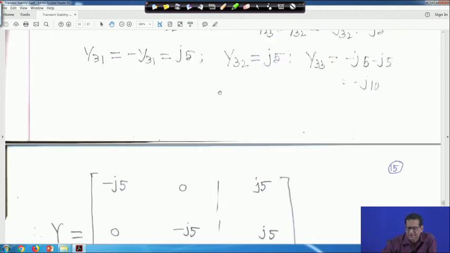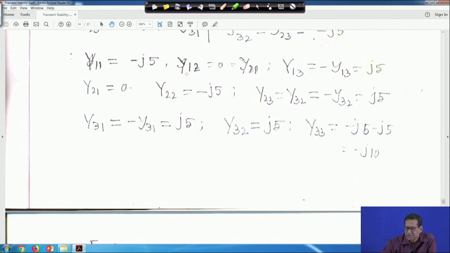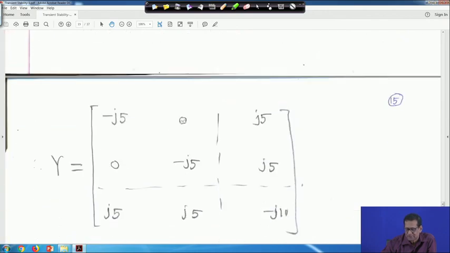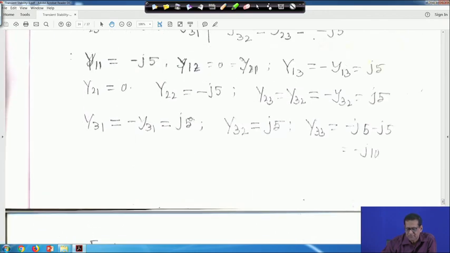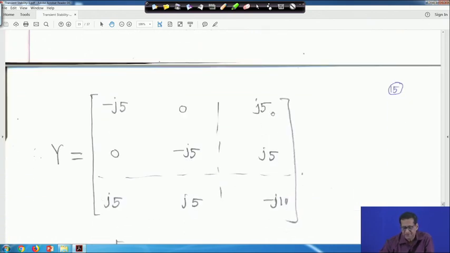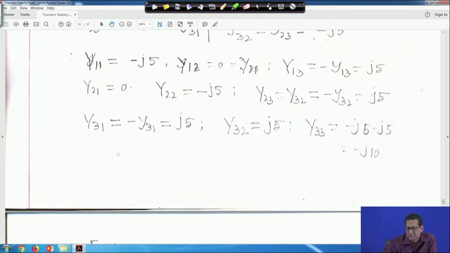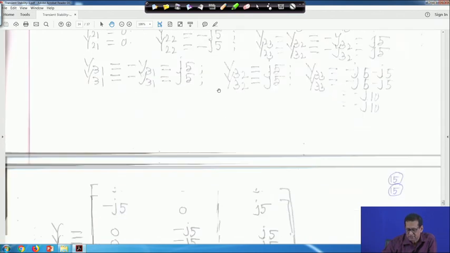Now, capital Y12 is equal to Y21, which is 0. Then capital Y13 is equal to Y31, which is j5. So Y21 is equal to Y12 is equal to 0.